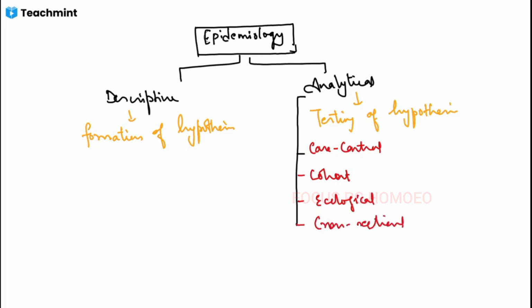Case control and cross-sectional deal with individuals. This question came in the UPPSC 2022, where they had asked about the ecological one. Ecological deals with the entire population.